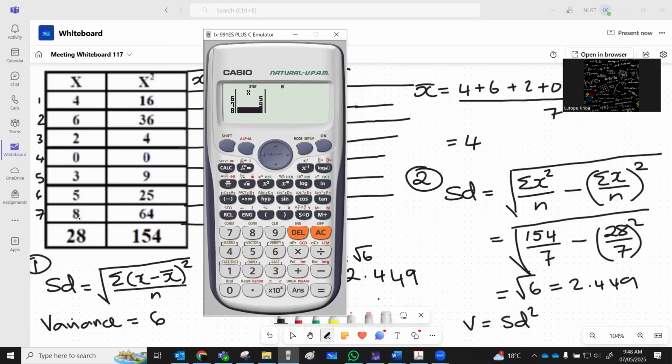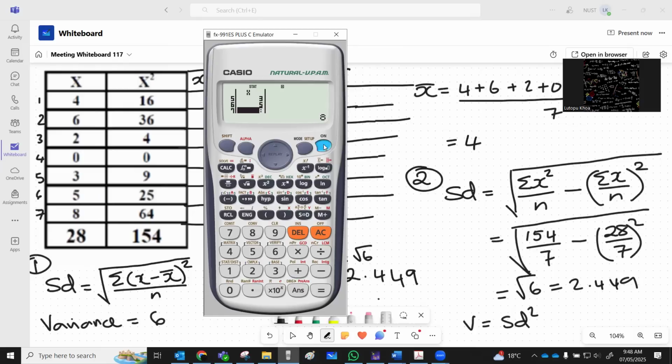Oh, no, wait, the last one is 8. So if I made a mistake, you can always just go up. It's supposed to be an 8, so I just type 8 and I change it. Then you can always check. The first one is 4, then 6, and then if you need to change it, you just type in the correct number and press equals: 2, 0, 3, 5, and 8.